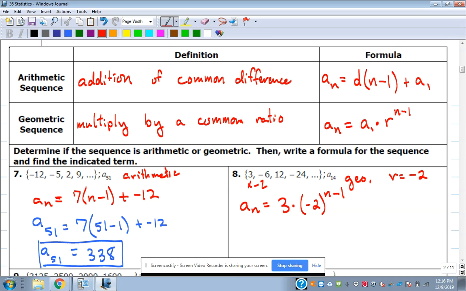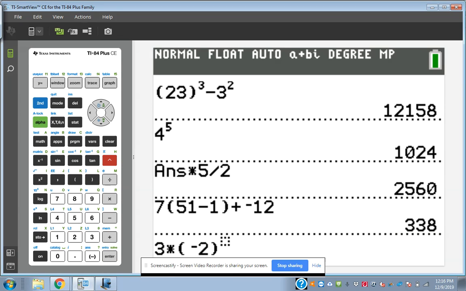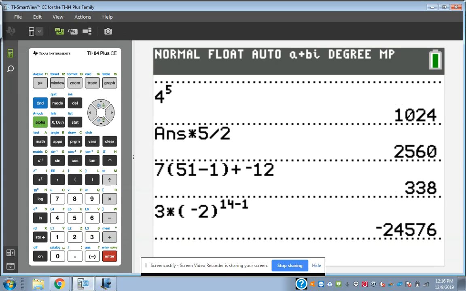And then we want to find the 14th term in this one. So a sub 14. 3 times negative 2 to the 14 minus 1. And I'm going to use a calculator to help me. Parentheses, negative 2 raised to the 14 minus 1. I probably should have just done 13 there, but it's okay.